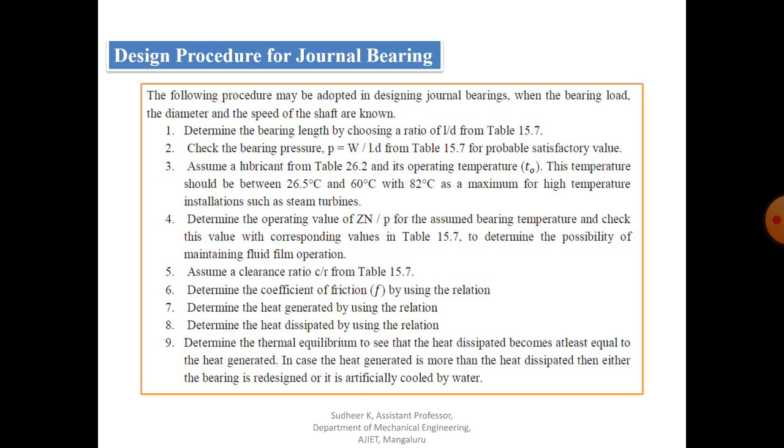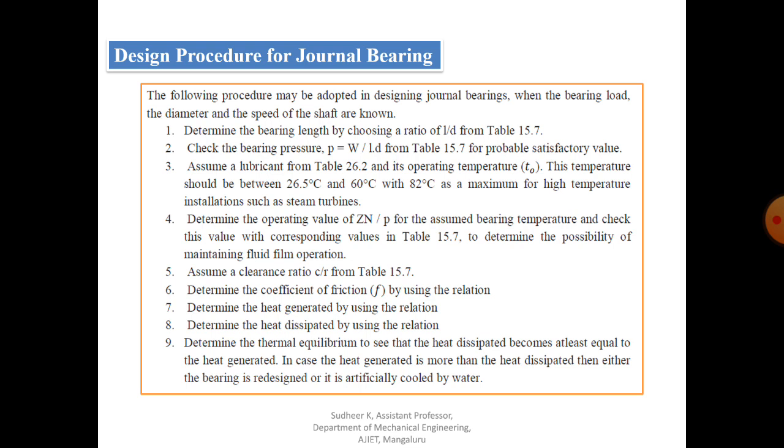Similarly, you can find out the flow rate. Then you can find out some of the variables, that is the coefficient of friction variable. Everything is there in your data book. Similarly, you can find out frictional torque and power loss. Then you can find out the discharge flow, which should be in millimeter cube per minute.